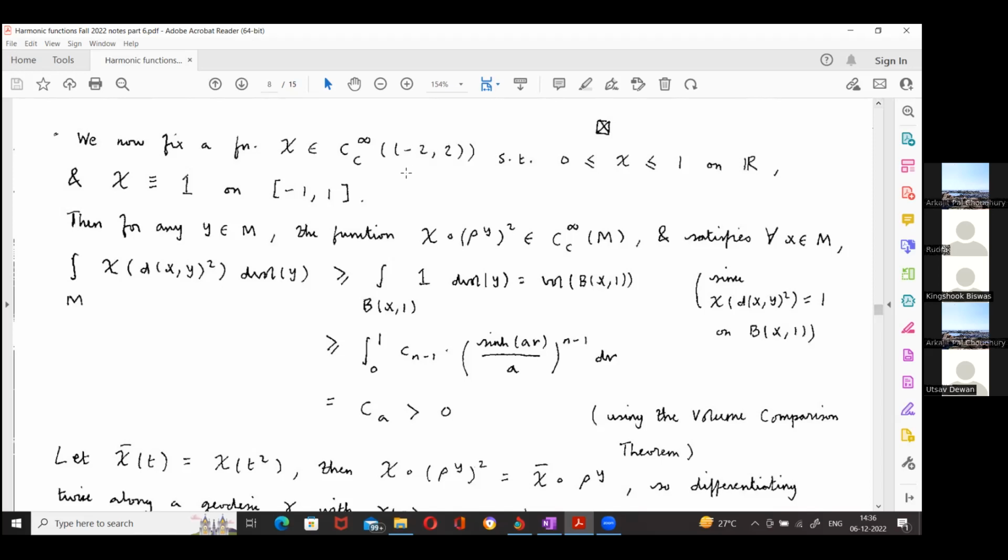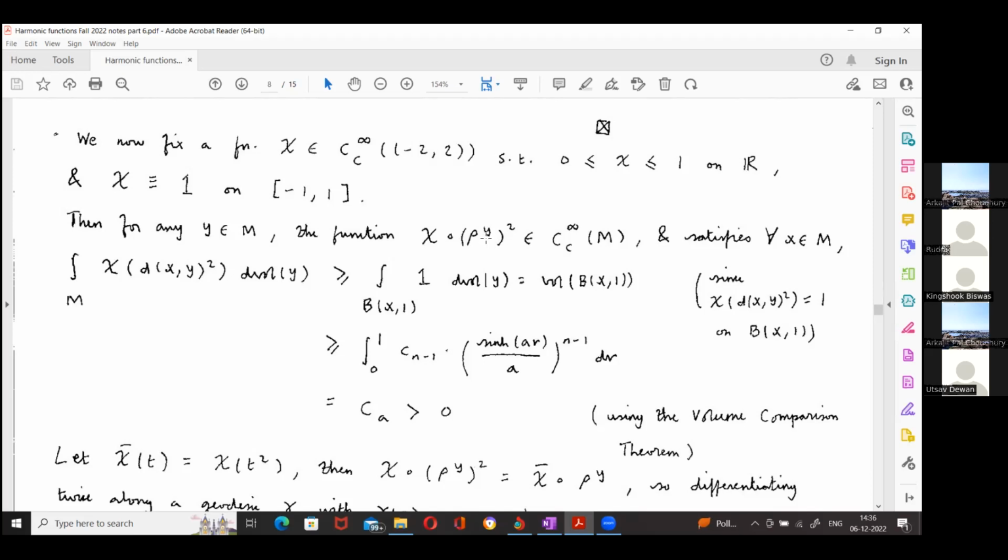Instead of looking at chi composed with the distance function, if we want a function which is smooth everywhere, we actually need to look at the square of the distance function, right? Because the distance function itself has a singularity at the point from which you're computing the distance.